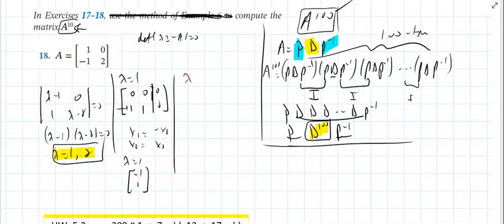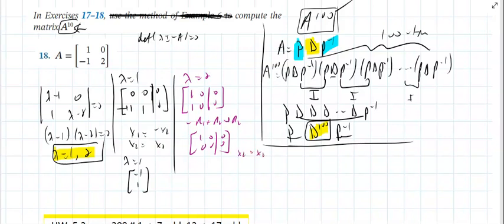With lambda equal 2, I'm getting 1, 0, 1, 0. If I take negative row 1 plus row 2 and row 2, I know that x2 is free and x1 is 0. With lambda equal 2, I'm getting 0, 1 as the corresponding vector.